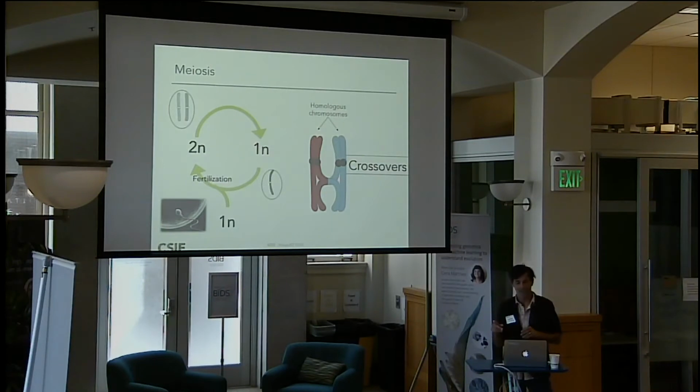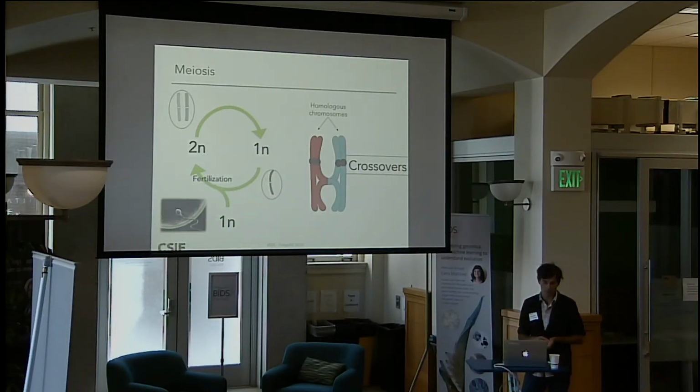The formation of this crossover implies recruitment of a lot of different proteins. The Anne Villeneuve lab is interested in the timing of the formation of this crossover: when it happens during meiosis, which proteins are involved, and when it happens.